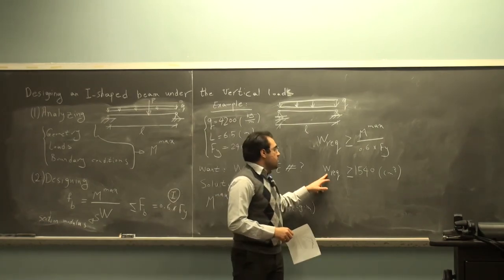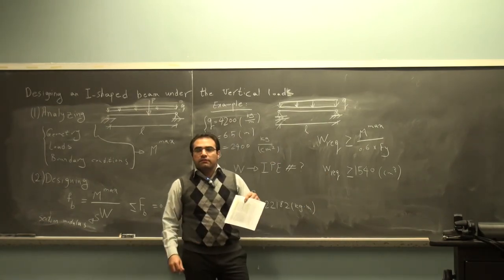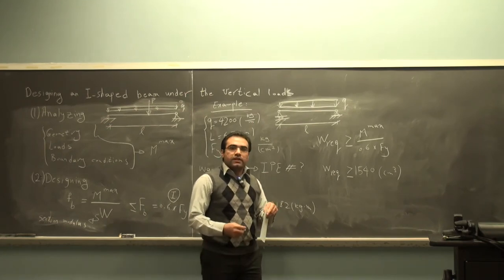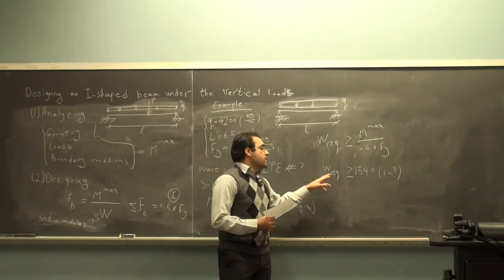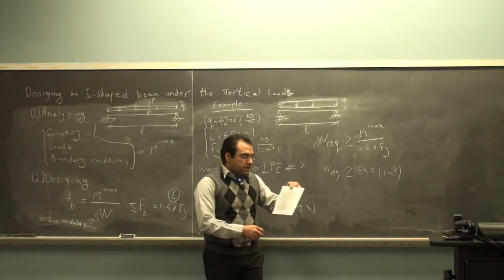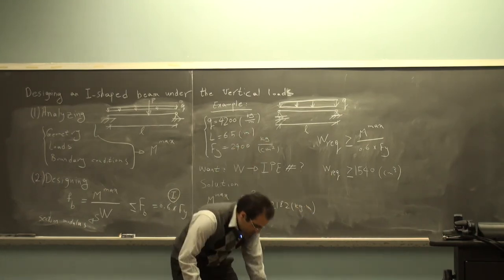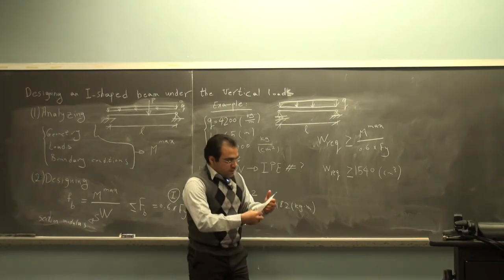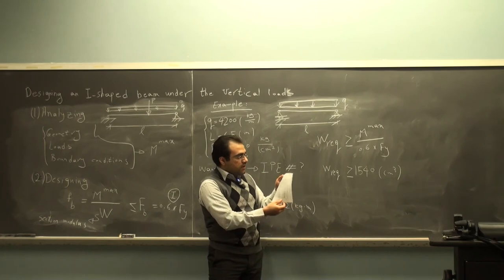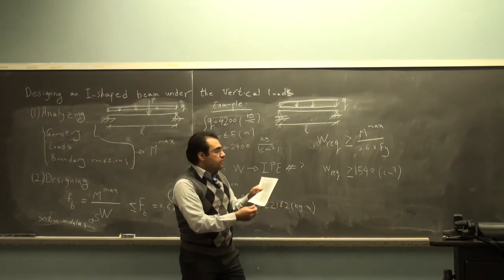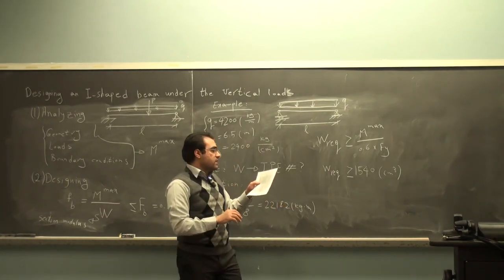When we have this number, I can use the table that I gave you in the last session to find the IPE number that has a W bigger than this number. So here in this table, in the first column is the IPE number, and in the seventh column is the W for that section.